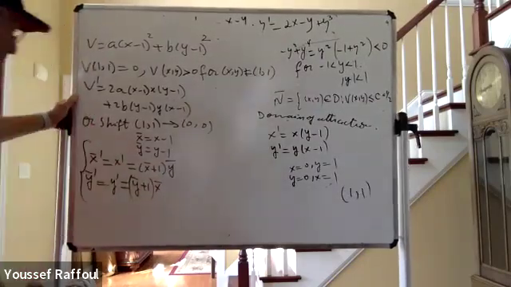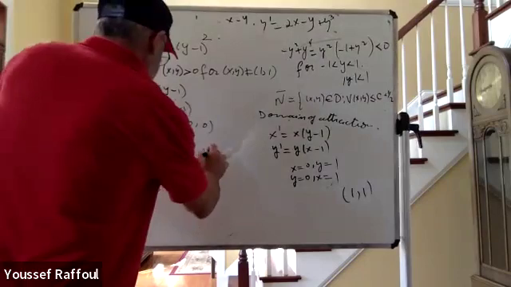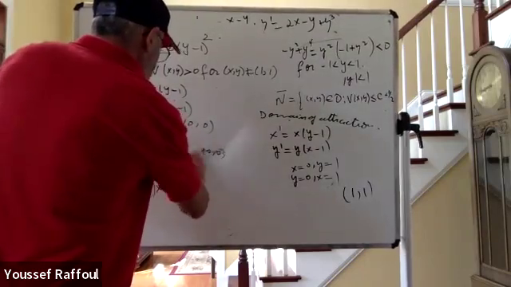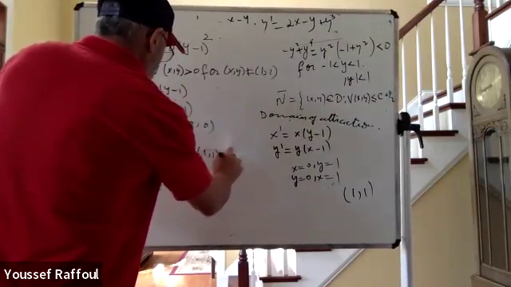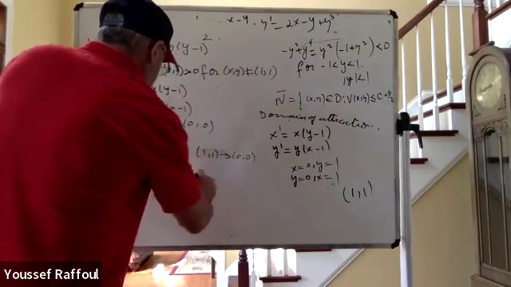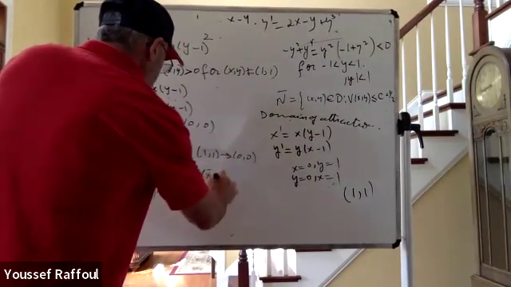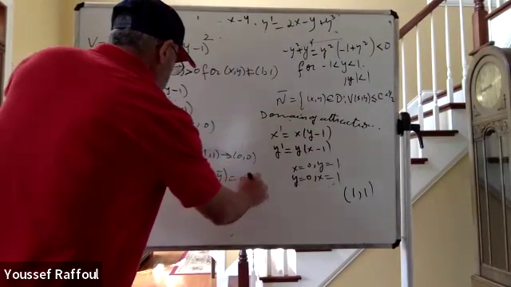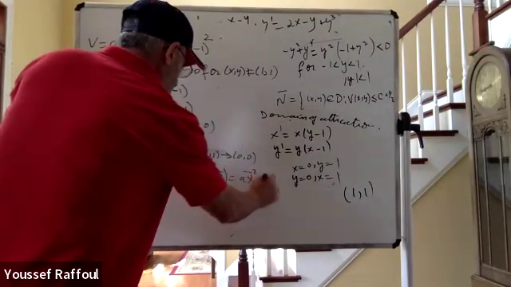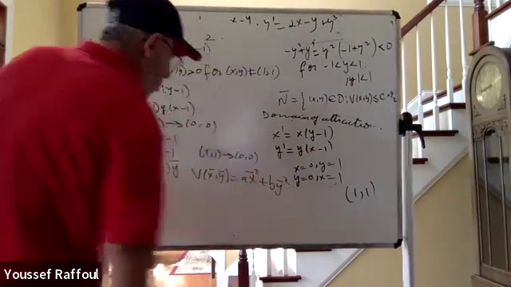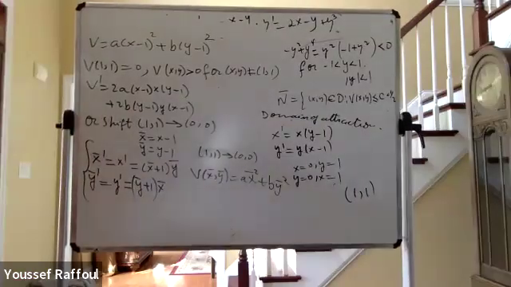So now work with this one and you will see (0, 0). Now (1, 1) becomes (0, 0). So take V of (x bar, y bar) equal a x bar squared plus b y bar squared. You can do it either way.